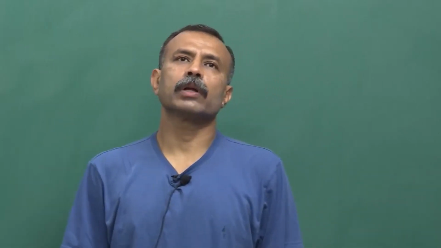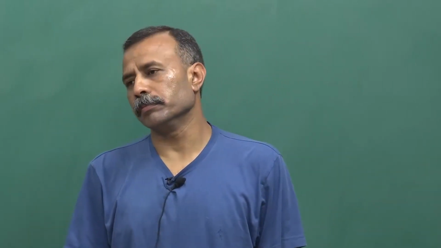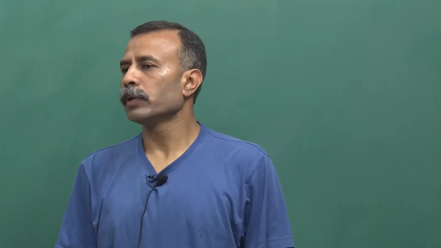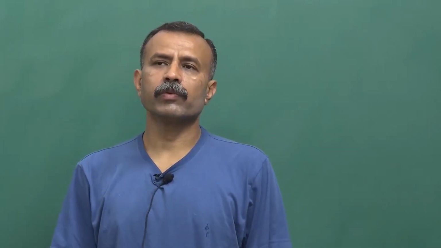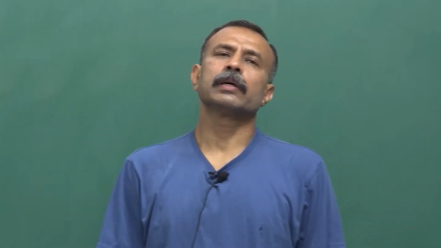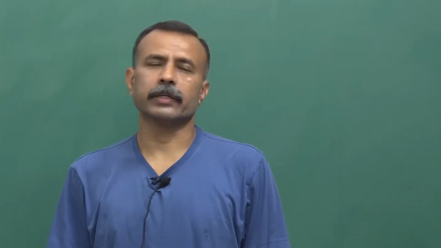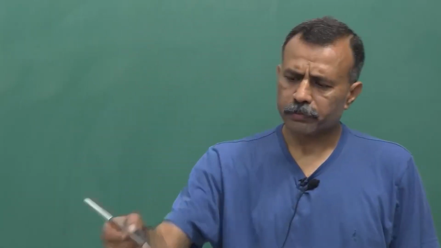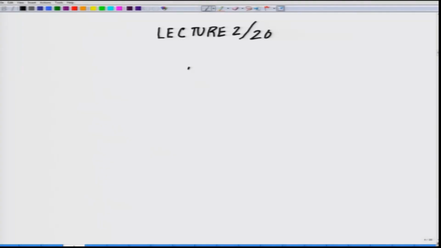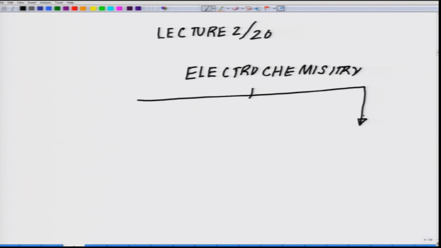Similarly, when we talk about a battery or some other fuel cell or energy harvesting system, that's where we harvest the energy, or the electrons which are generated during a chemical reaction. So in other words, when we talk about electrochemistry, these 2 aspects need to be kept in mind, and these 2 are dealt with in a separate way.